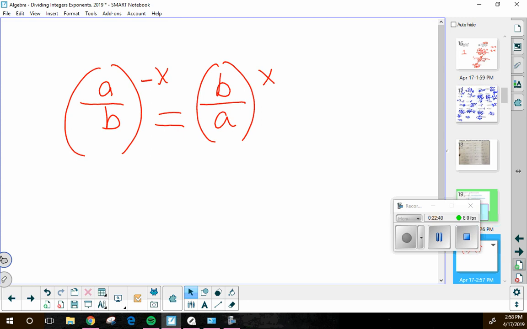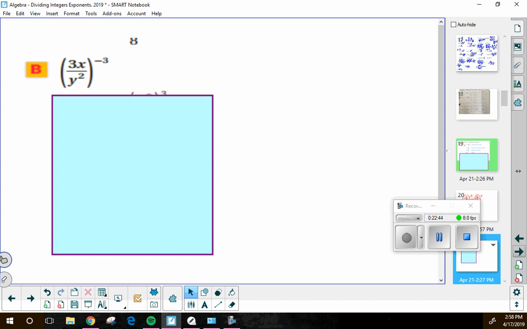So, if I have a problem like this, and you'll do this problem in your notes, write it down. It's 3x over y squared to the negative 3. If I want to solve it, I just flip it. Y squared over 3x to the third power.